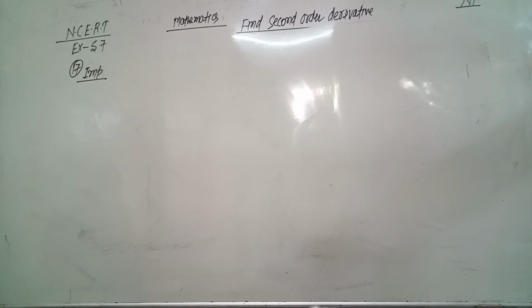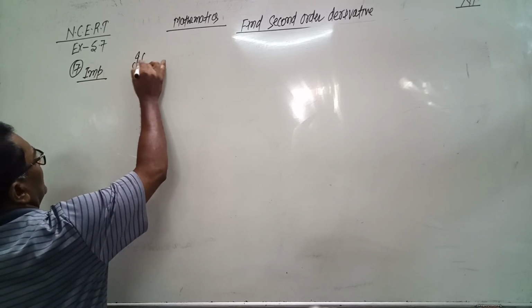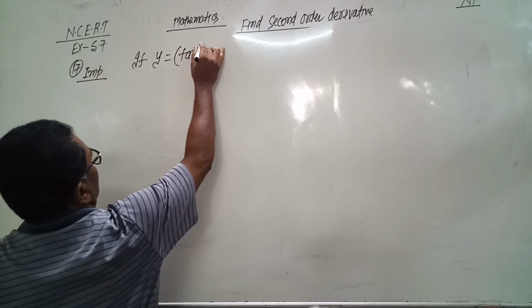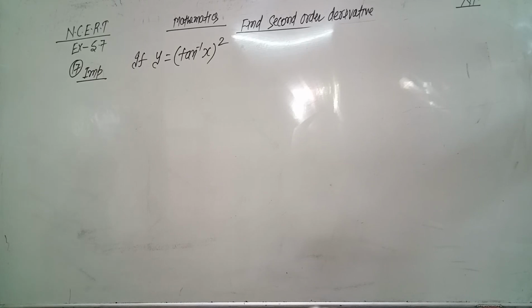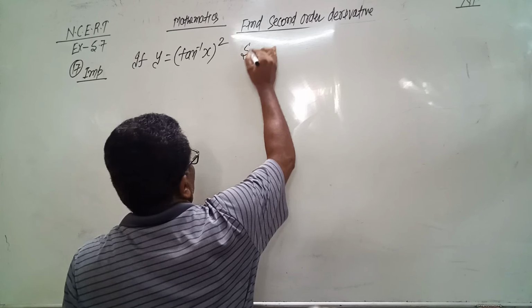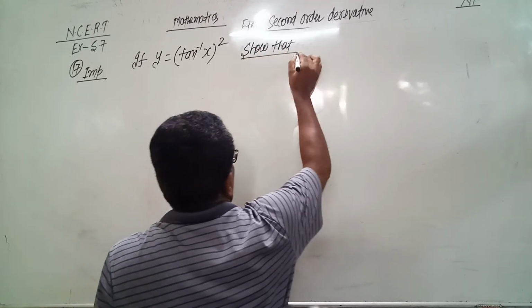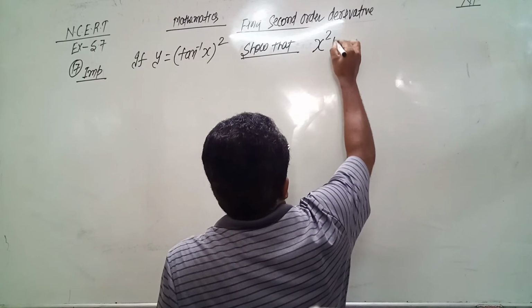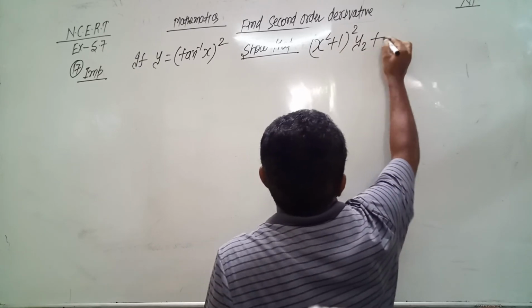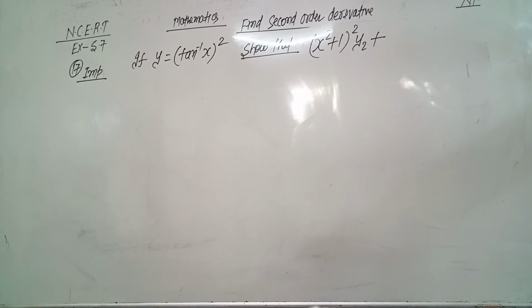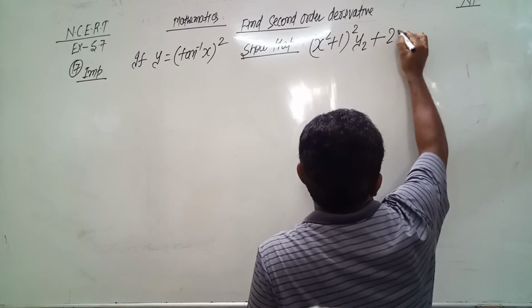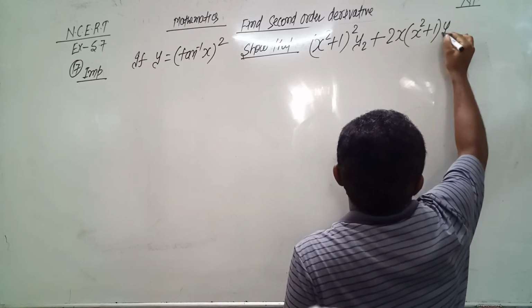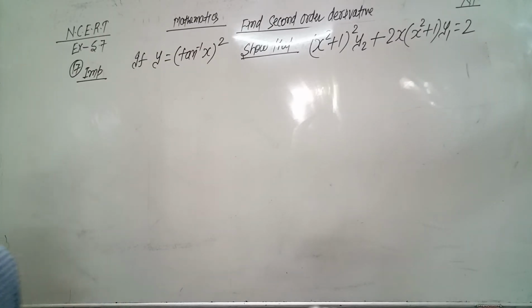The question is, if y equals tan inverse x the whole square, then show that x square plus 1 the whole square y2 plus 2x into x square plus 1 y1 equals 2.